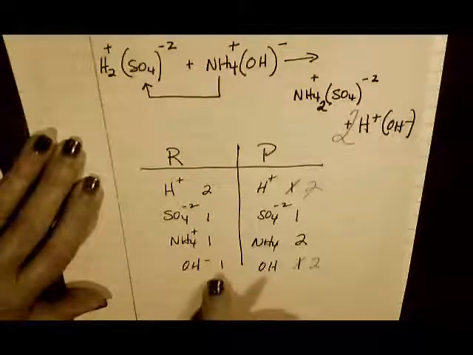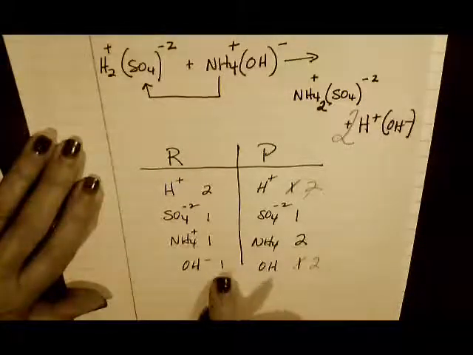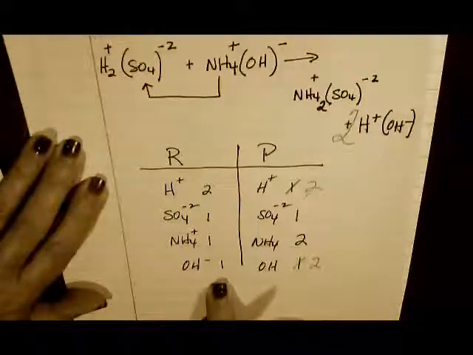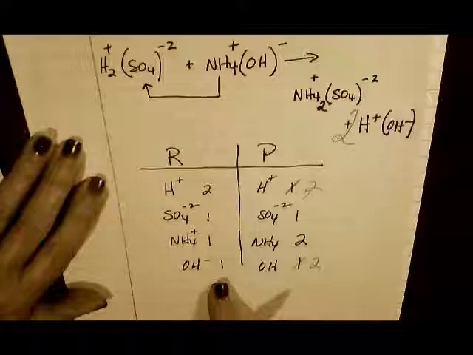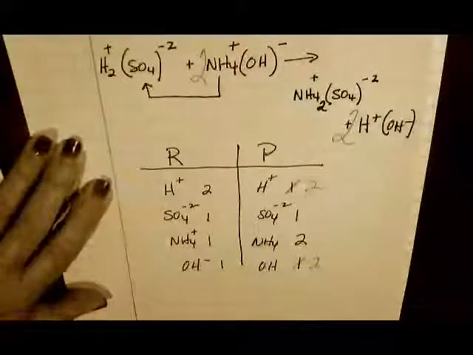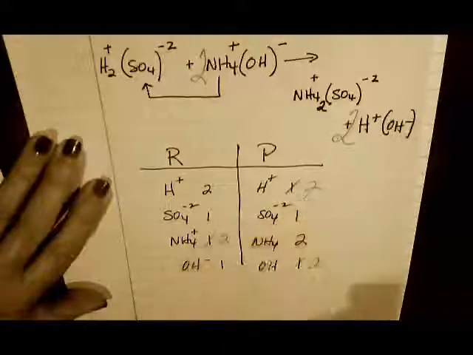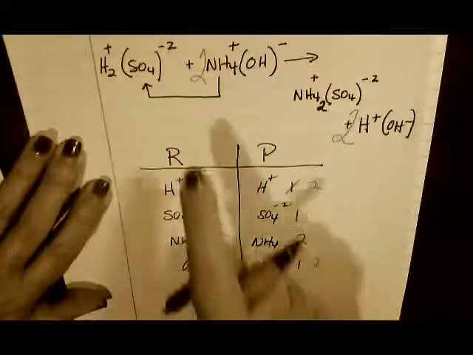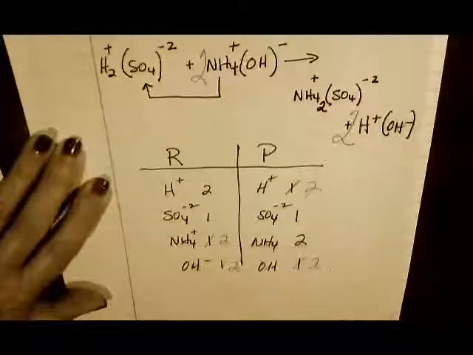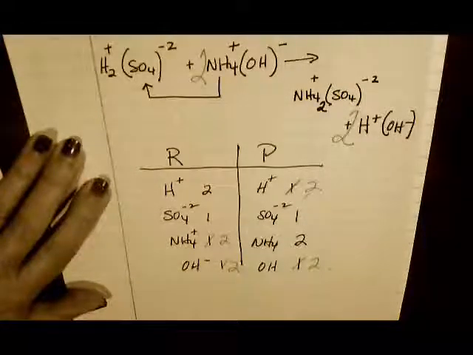We still have a problem here. We have to accommodate this hydroxide ion. Any ideas? Okay, I like it. If we put a 2 in front of that, we get 2 NH4s. And what happens to our hydroxides? 2. And now it looks like we're good.